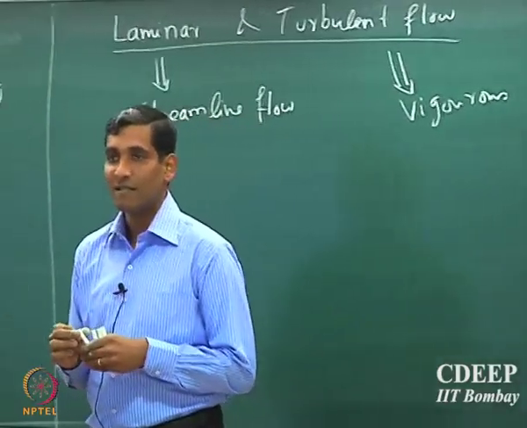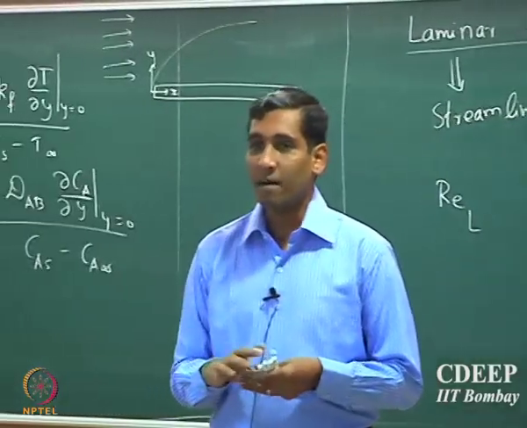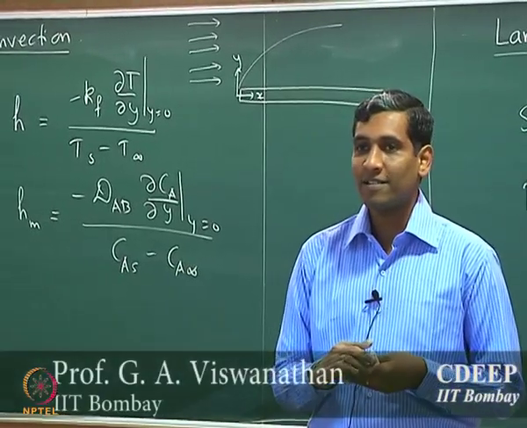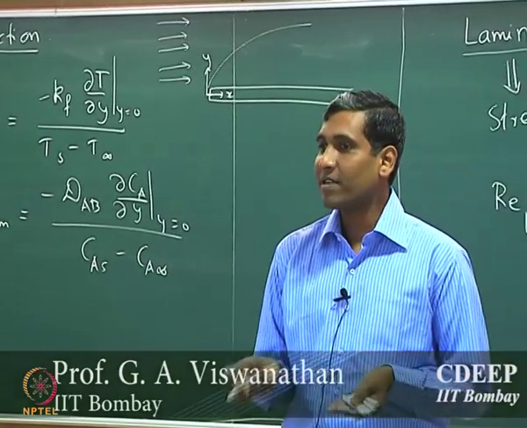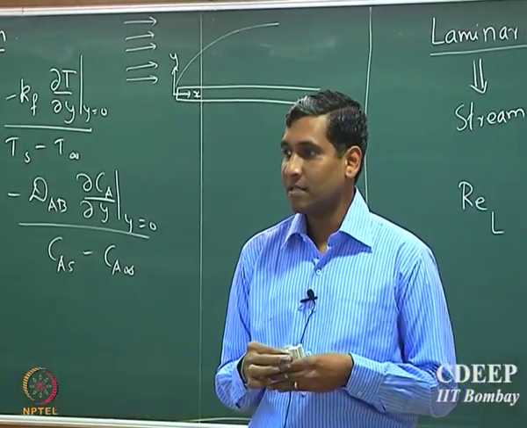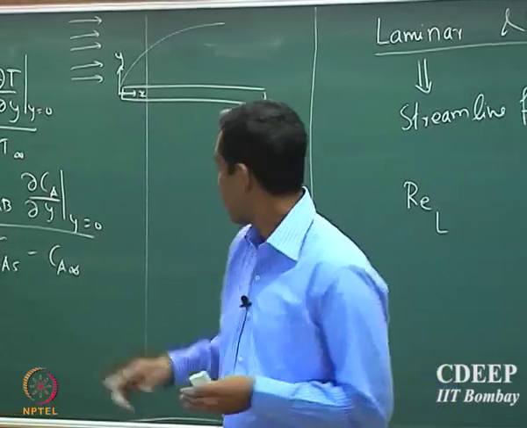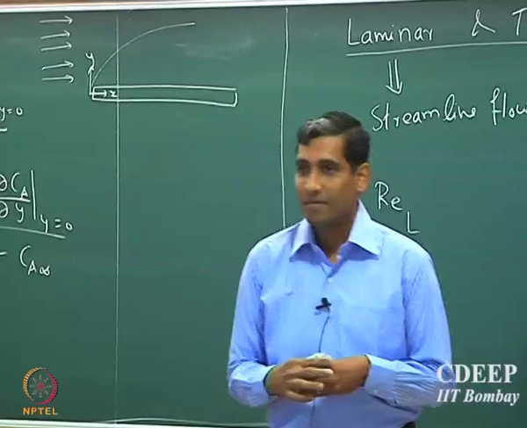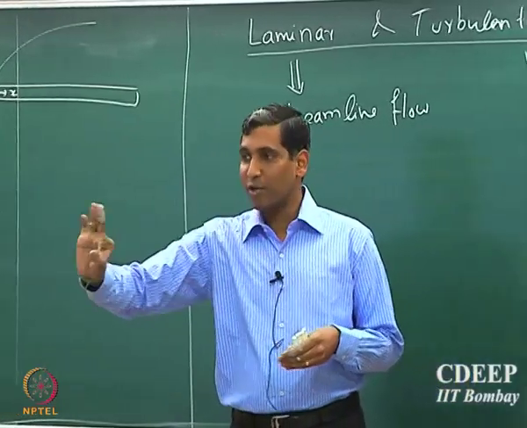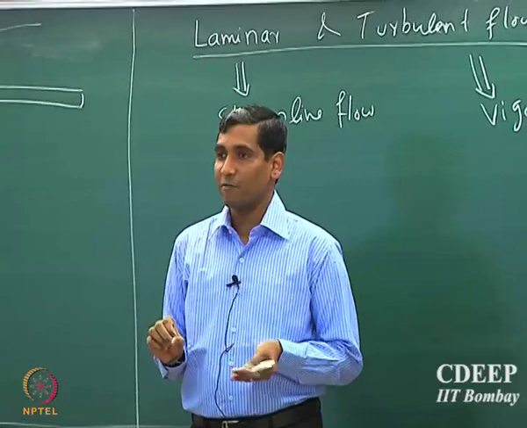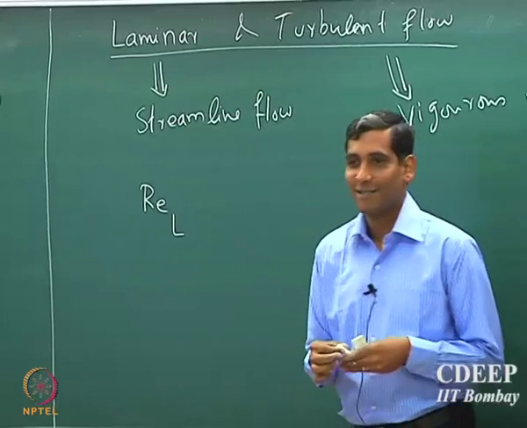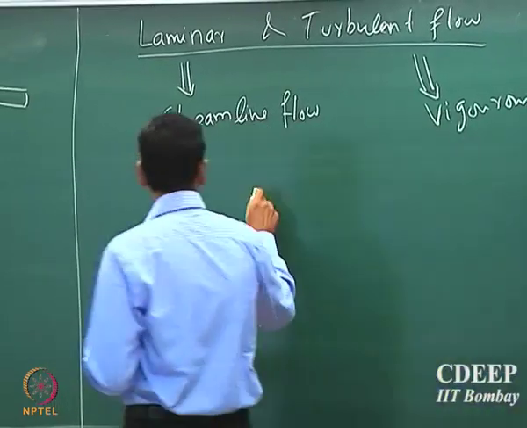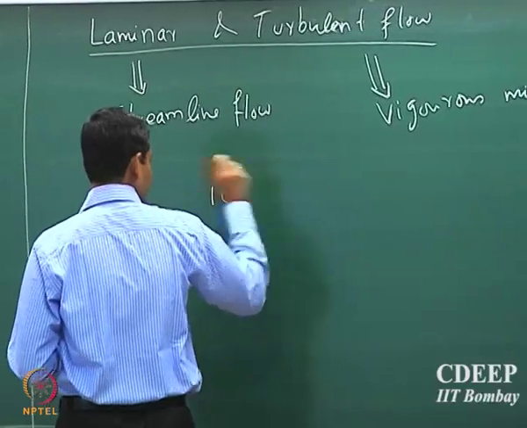Up to what Reynolds number is the flow laminar? 2100. That's for which system? That's for pipe flow, for flow through a tube. This is not a pipe. What is it for a flat plate?